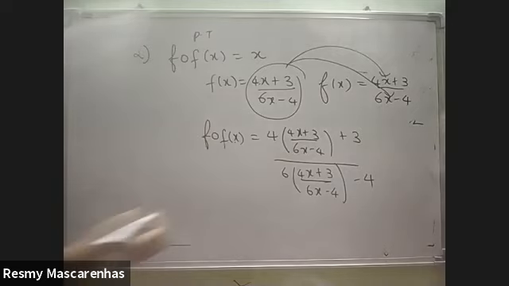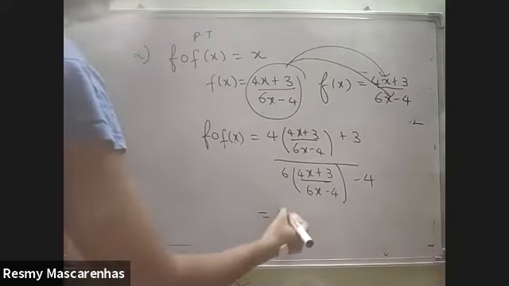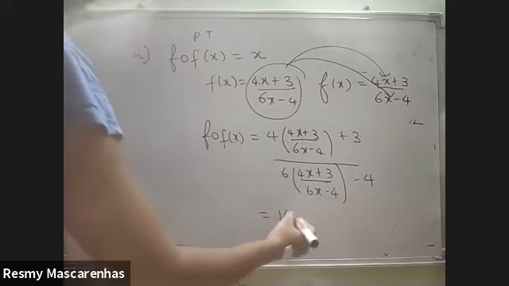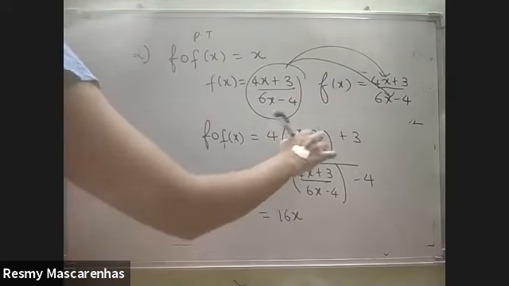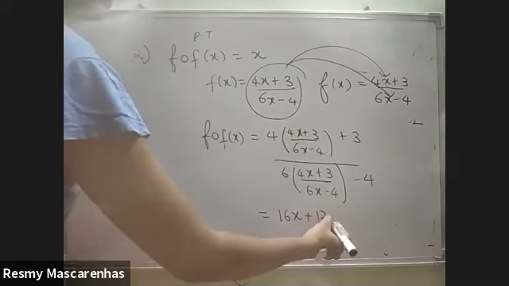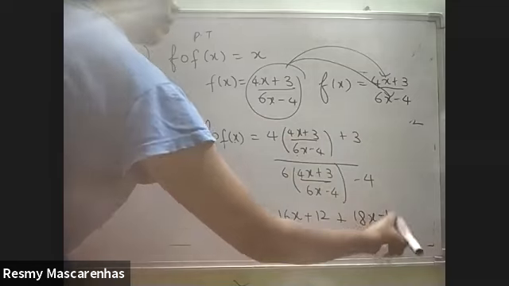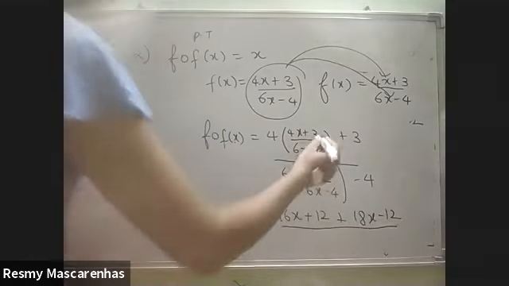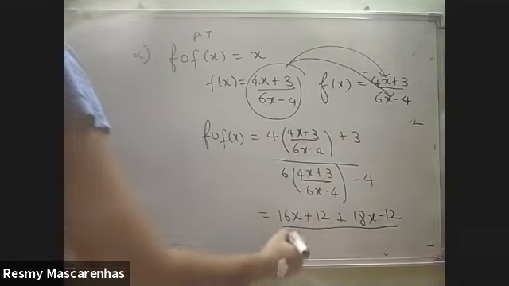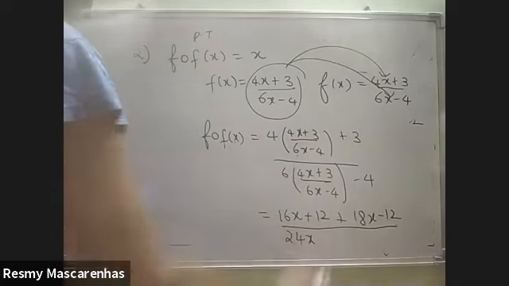And then cross multiply. I'm directly multiplying this 16x plus 12. And then you can alternately cancel, so I'm directly skipping that step.